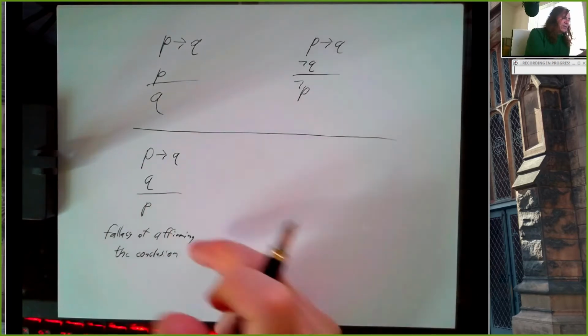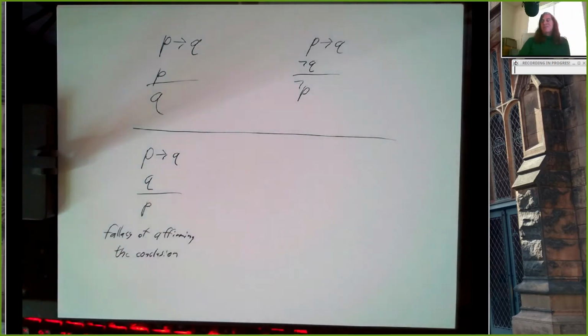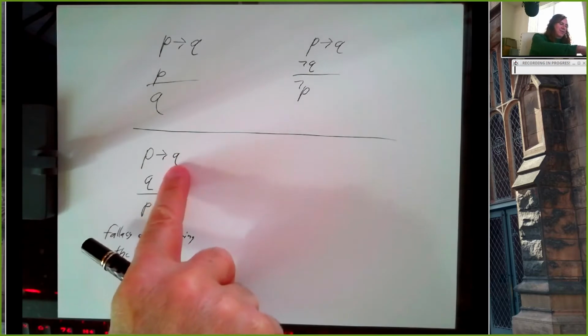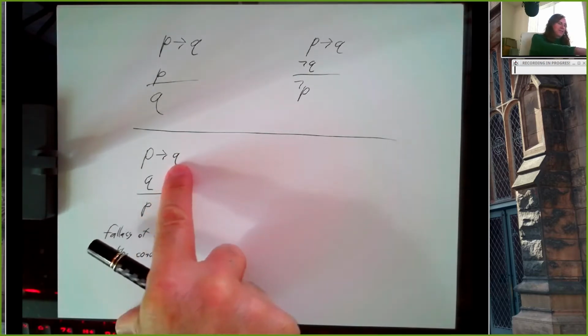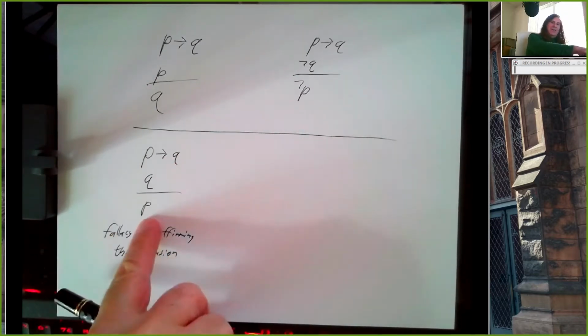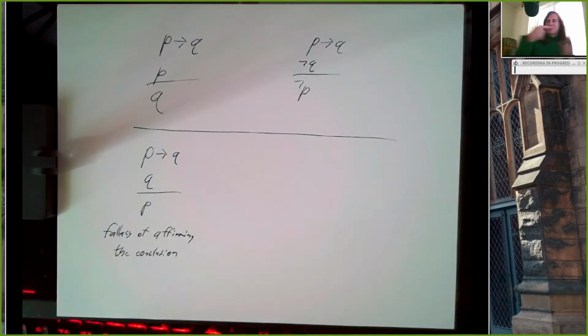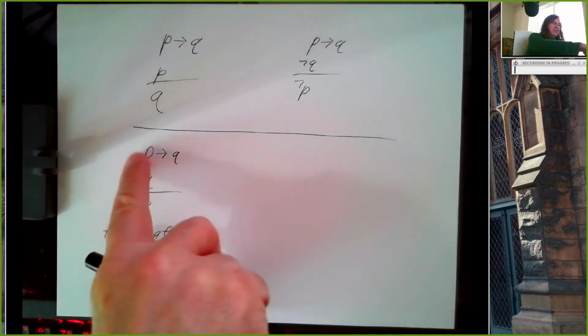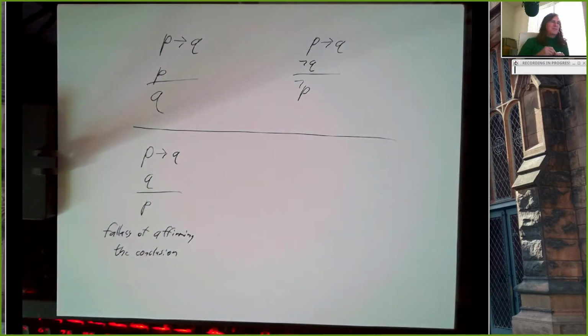If P implies Q and Q is true, that does not mean that P is true. For example, if I'm an evil, mean teacher, then I drink water every day. I drink water every day, therefore I'm an evil, mean teacher. Right? So it doesn't go in that direction. When you state that the conclusion is true and therefore try to say the hypothesis is true, that's a fallacy. It's called the fallacy of affirming the conclusion.